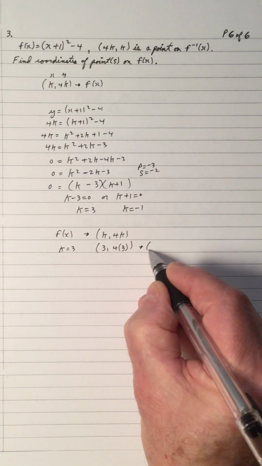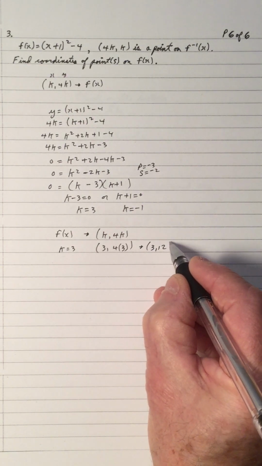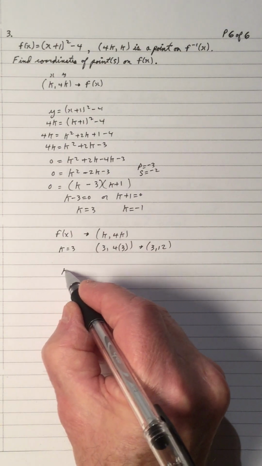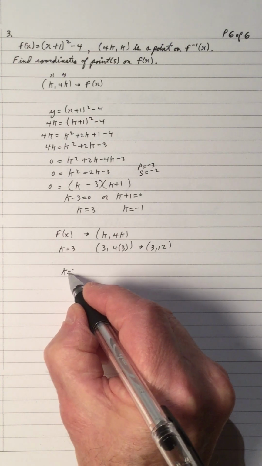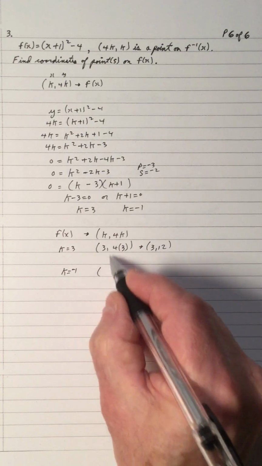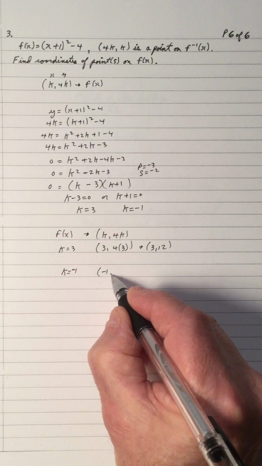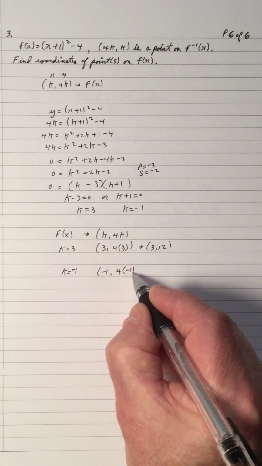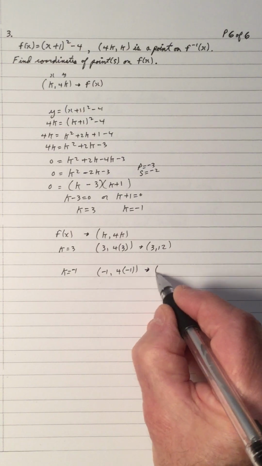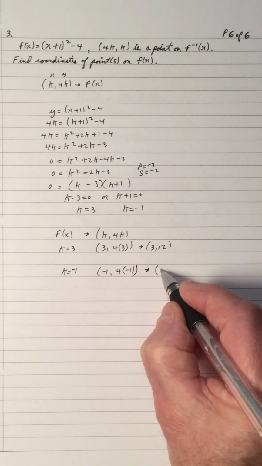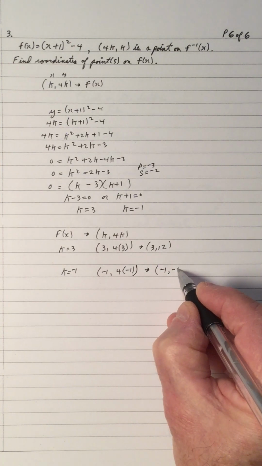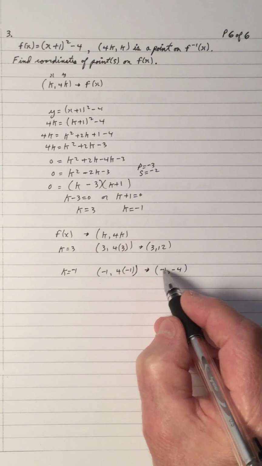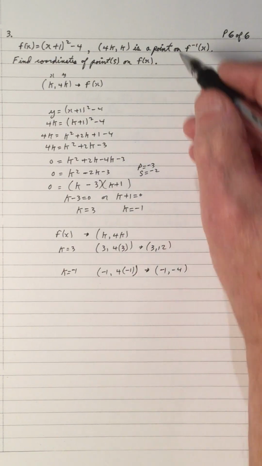So that means we have 3 and a 12. So if k is -1, and we got 4 times k, 4 times -1, so we have -1, -4. So these are the two ordered pairs that would lie on this point.